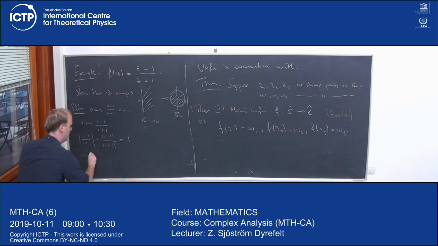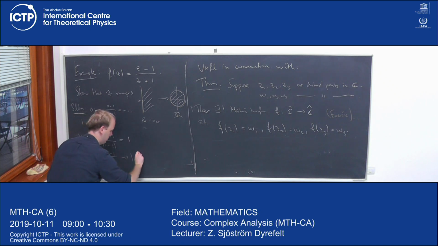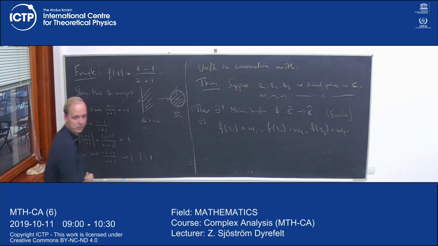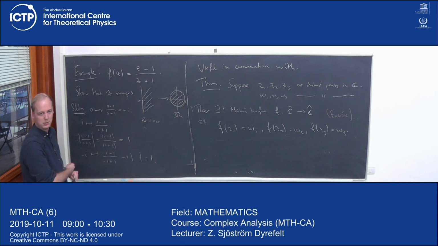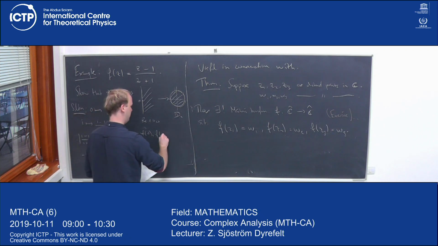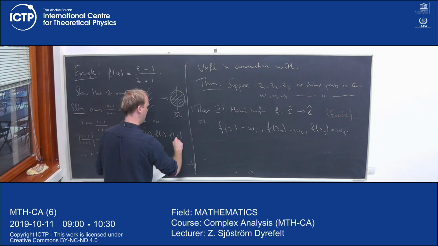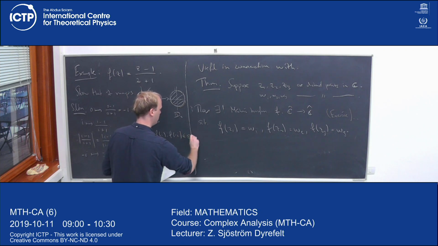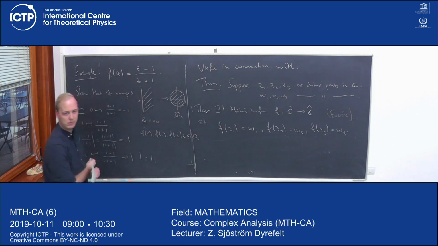And then you have minus I goes to minus I minus 1 over minus I plus 1. And again, the absolute value of this thing is equal to 1, in exactly the same way. So all these 3 points are on the circle. So it means that f of 0, f of I, and f of minus I are all on the boundary of this disk.